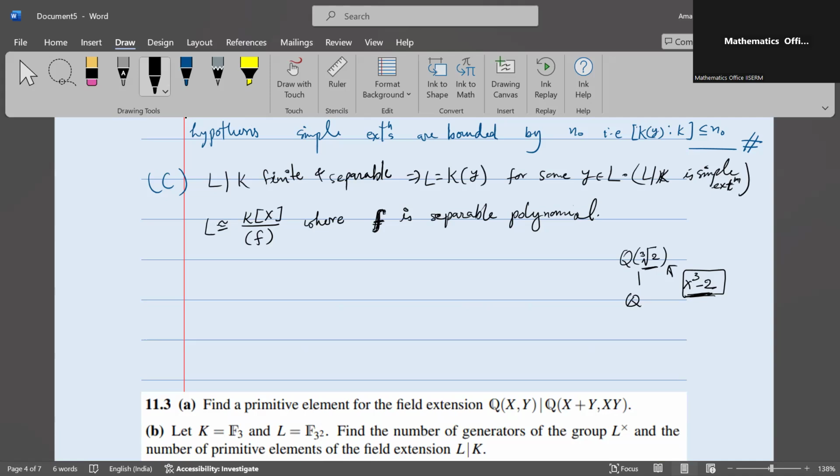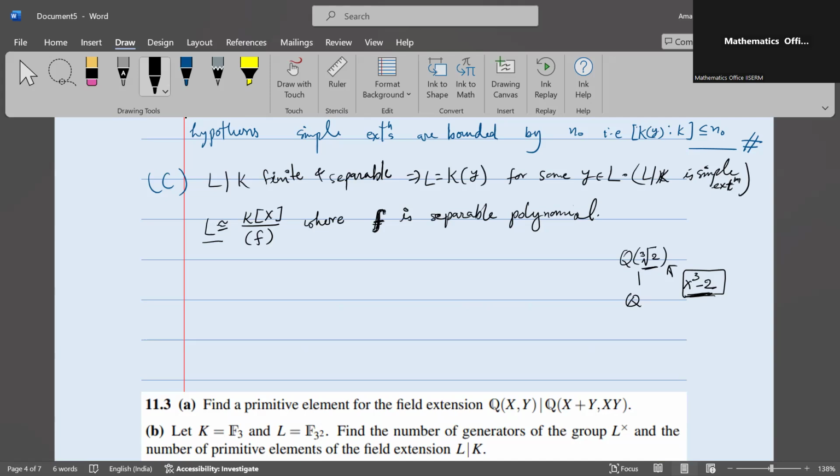But if all the roots of F are inside L, then the intermediary fields of L over K and the subgroups of the Galois group of L over K are in one-to-one correspondence.